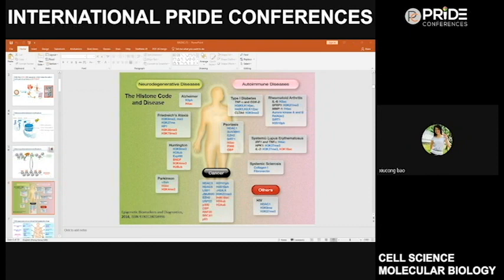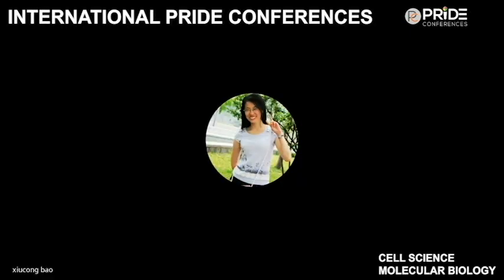Finally, we know that the conjugation mark is an active mark for gene transcription, and also SIRT3 was reported to be involved in gene transcription regulation. So we want to see the effect on gene expression.